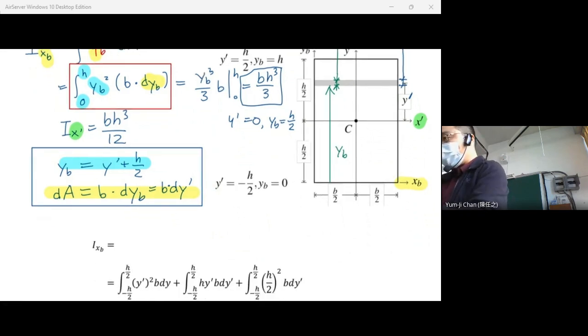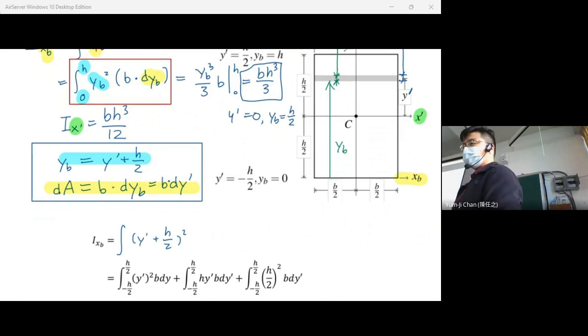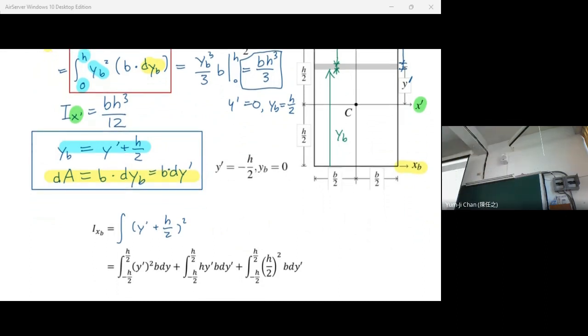Ixb is, let's write down the integral first. So yb squared would become y prime plus half of h, squared. So for this yb squared, we will get y prime plus h over 2 bracket squared.